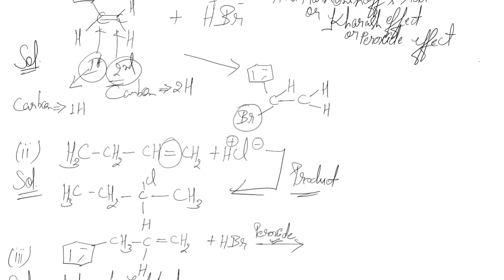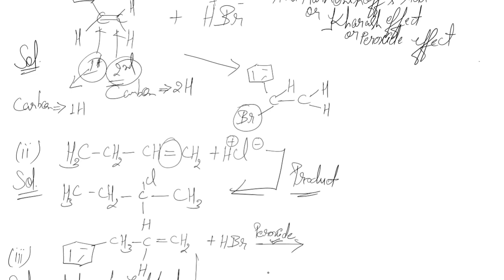After the reaction, what will be your product? I am writing here the CH3, this carbon and hydrogen double bond CH2. Once this reacts with HBr, after the reaction of H plus and Br negative, the Br negative will not go to the carbon with fewer hydrogens.